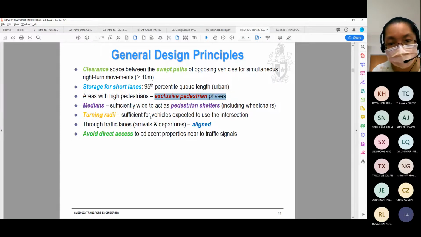Also sufficient turning radius if the signalized intersection is small and you have to cater for large vehicles or long vehicles.